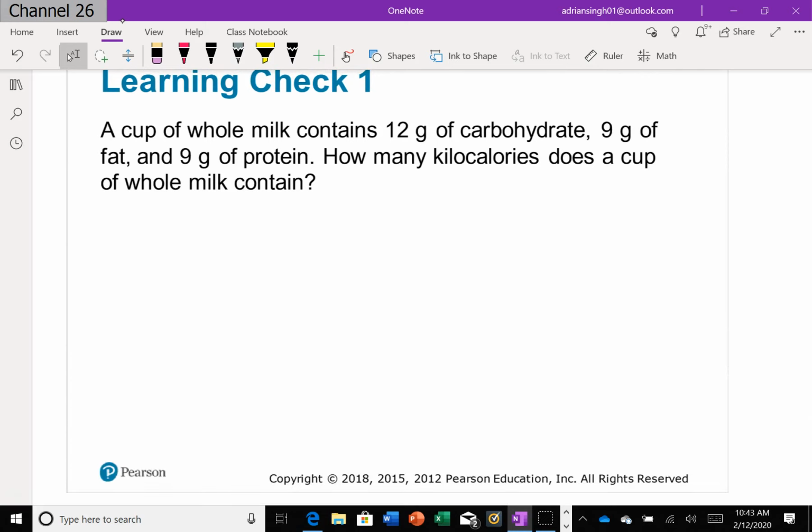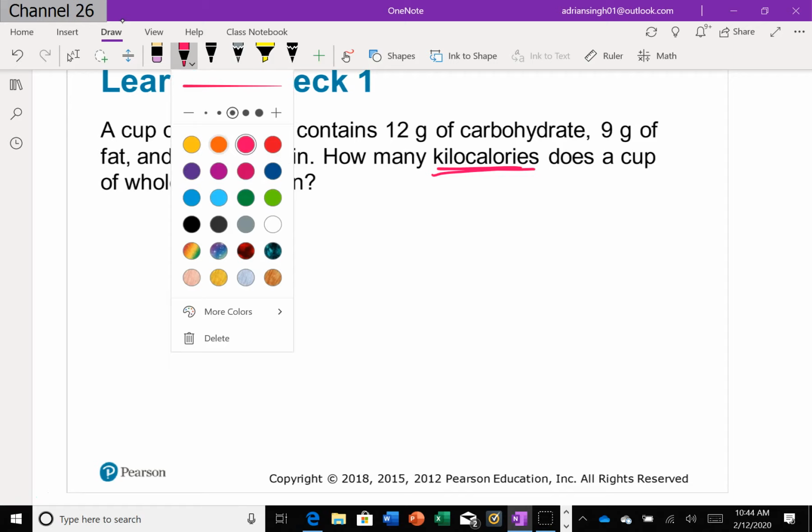We're told here a cup of whole milk. That's the good stuff. Whole milk contains 12 grams of carbohydrates, 9 grams of fat, and 9 grams of protein. How many kilocalories does a cup of whole milk contain? All right, so as with any problem, you want to organize the information.